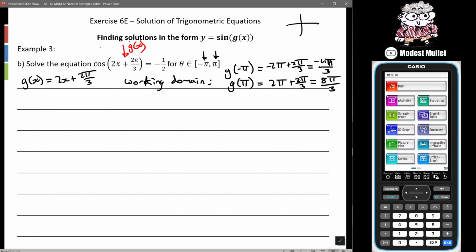So starting at 0, I actually need to go backwards this way. There's negative pi, and that's about negative 4 pi on 3. And then I also need to accept any values that go around to 8 pi on 3, which is all the way around to 2 pi, and also around another 2 pi on 3, so back to here, to there.